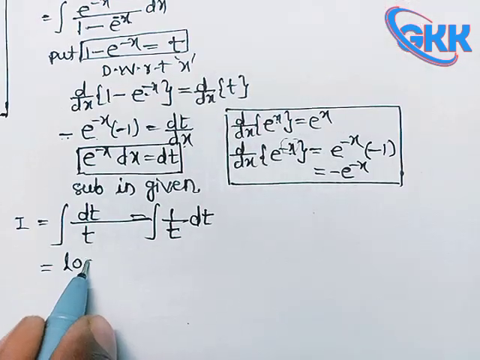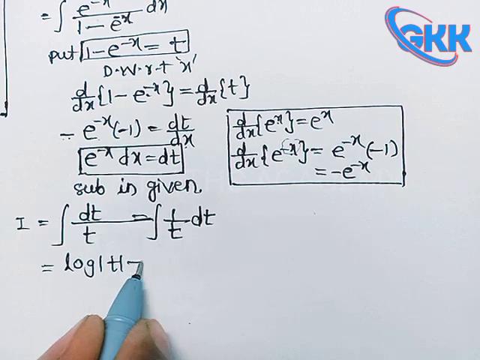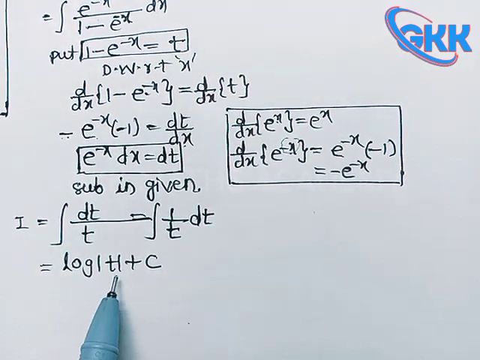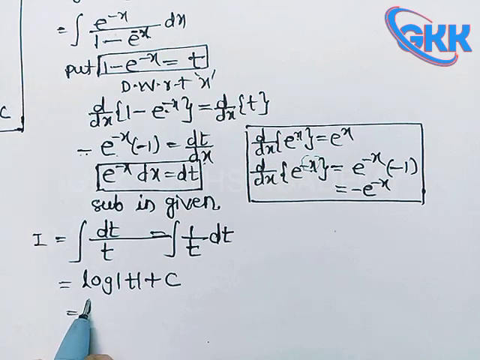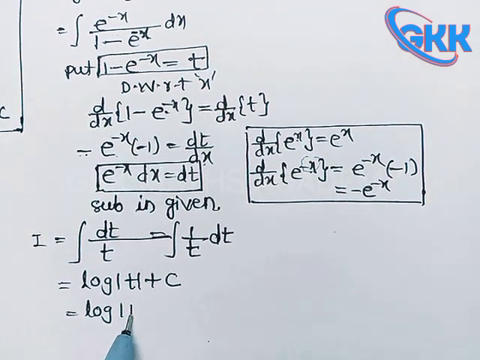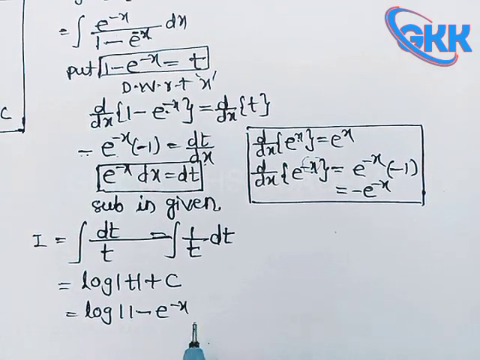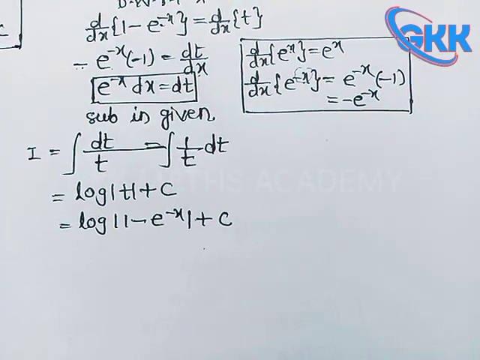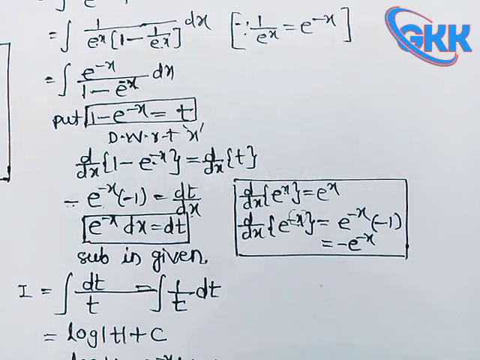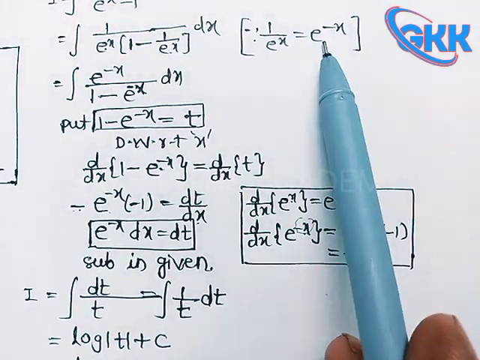So it is log mod t plus c. But what is the t value in our question? 1 minus e power minus x. So log of mod 1 minus e power minus x plus c. Right. Again we have to write that, what is the e power minus x?